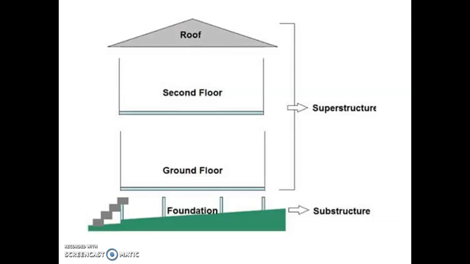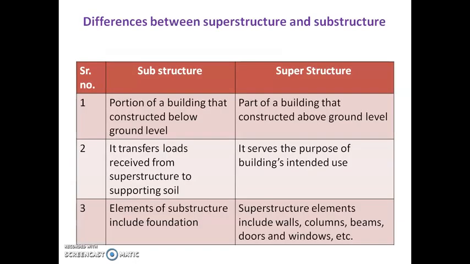The apartment or room of the building in which the stair is located is called a staircase. There are different types of staircases that we'll see later on. So these are the main and basic terminologies important for building.